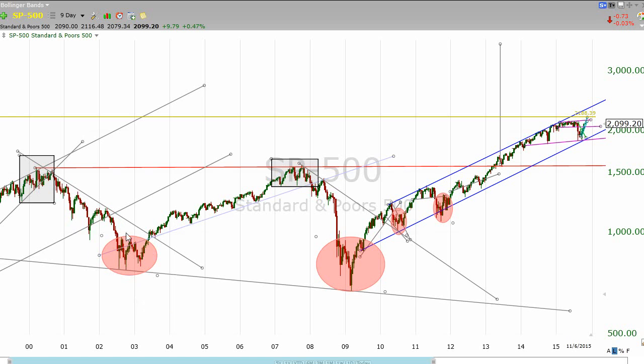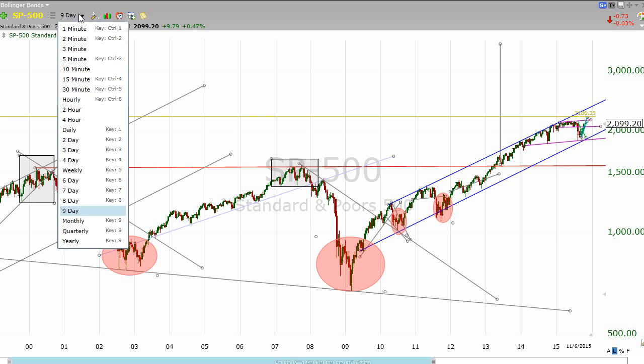Then you had this triple structure. Then you came up and had a nice bull run. Then we come down again after putting in a head and shoulders top, and we form an even better formed inverted head and shoulders pattern that has now lasted in a rally in excess of 6 years.